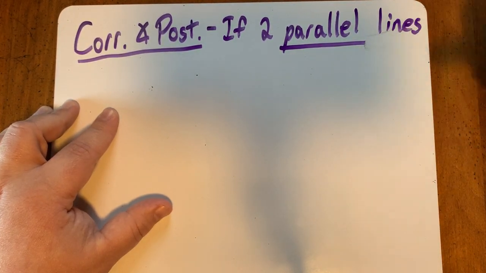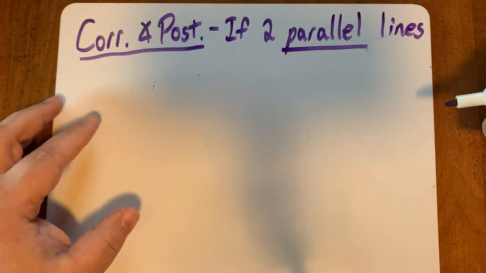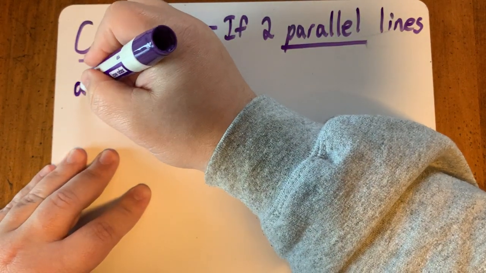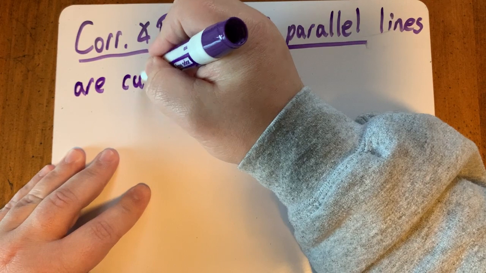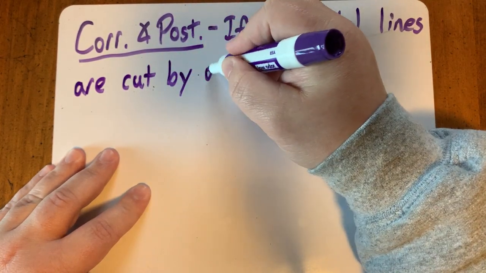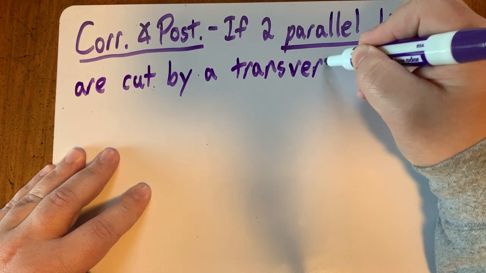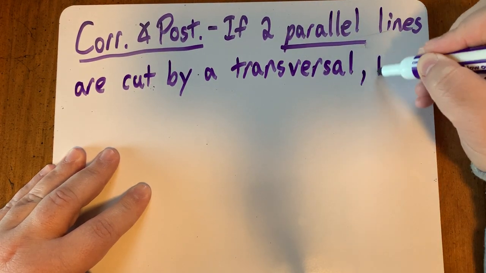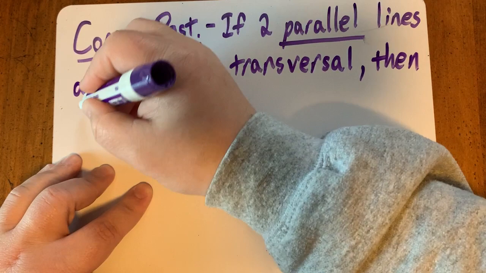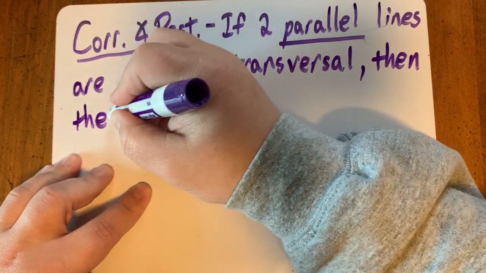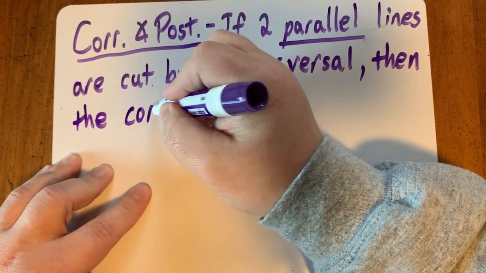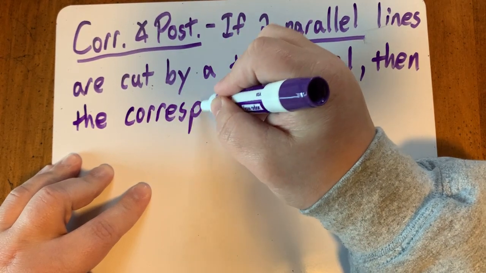I mean, it's important that they're lines, but it's very important that they're parallel. If two parallel lines are cut by a transversal, then the corresponding angles formed are congruent.